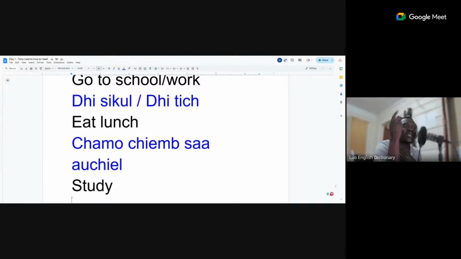So the time that it says in Swahili is the time that we have. Swahili time and English time are opposite each other. Like 7 o'clock is 1 o'clock, 12 o'clock is 6 o'clock. Because lunchtime is always 12 o'clock, we say sa auchiel, because 12 is 6. So 6 is auchiel. That's why.